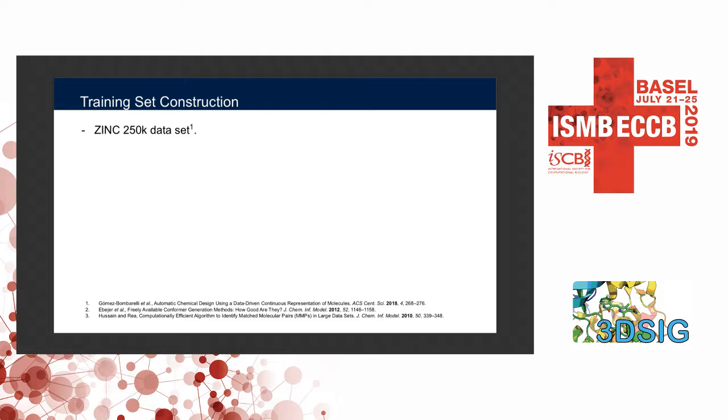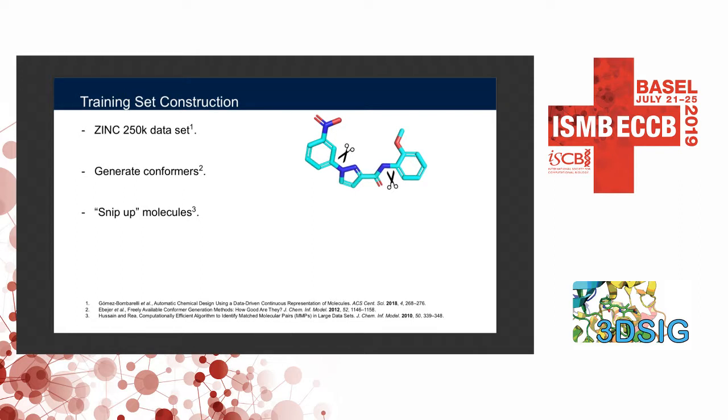We take a 250,000 molecule subset of ZINC, which is, I guess, a synthetically purchasable set of molecules, and generate conformers of these molecules using RDKit that we're going to use as the base conformer, just the base structural information that we're going to extract whatever structural features we need. We then snip these molecules up using standard BRICS rules from the matched molecular pair field of research.